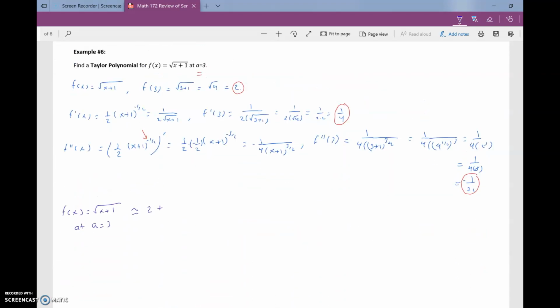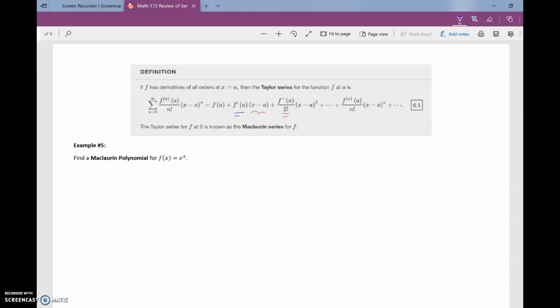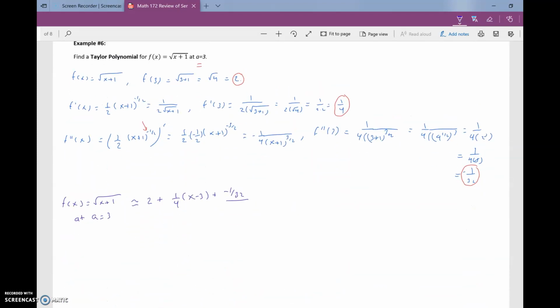So the first derivative is going to be 1/4 times x minus 3. And I'll leave it like that with the x minus 3. And then the next one, we ended up with, I'll just leave it as plus negative 1/32 over, and then this one has a pattern. It's going to have a 2 factorial. So technically 2 factorial times (x minus 3) to the second.